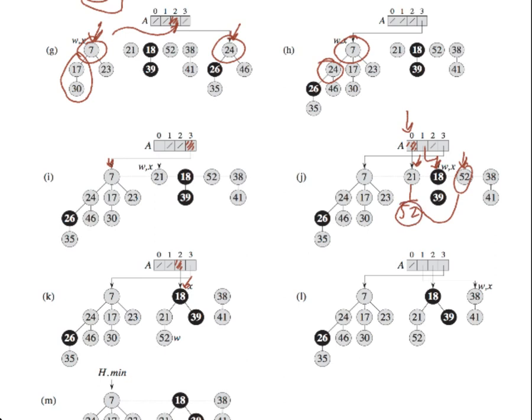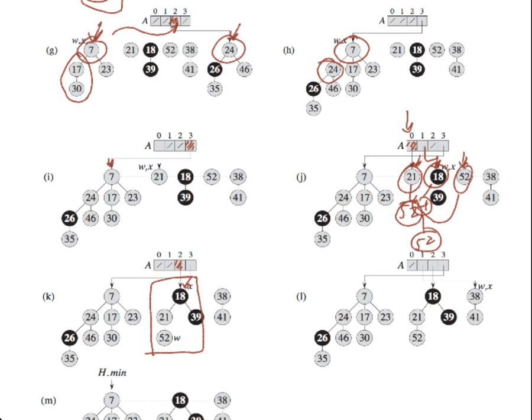Then we'll notice that these 2 match, the 18 and the 21, and so we'll move 21 into 18 to make 21 a child of 18. And then 52 down there. So that's what we get here.